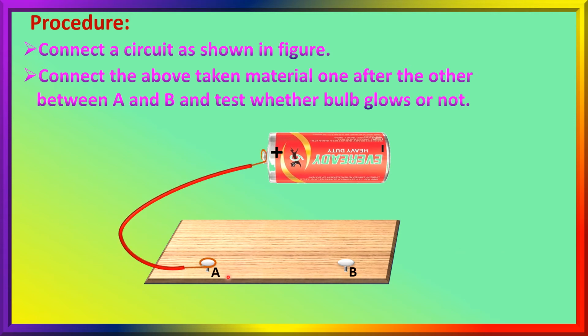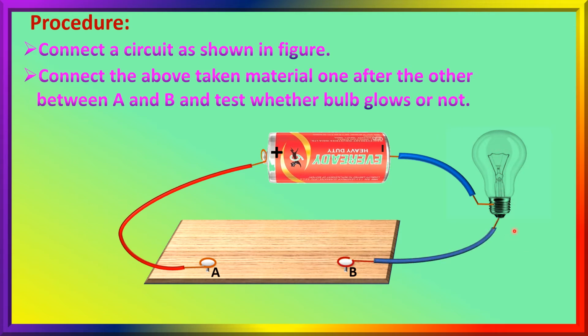I am connecting two ends of the copper wire, one end to the positive terminal of the battery, the other end to this drawing pin at point A. Similarly, here is the bulb. I am connecting the second terminal, that is the negative terminal of the battery, to one terminal of the bulb. The other terminal is connected to point B.